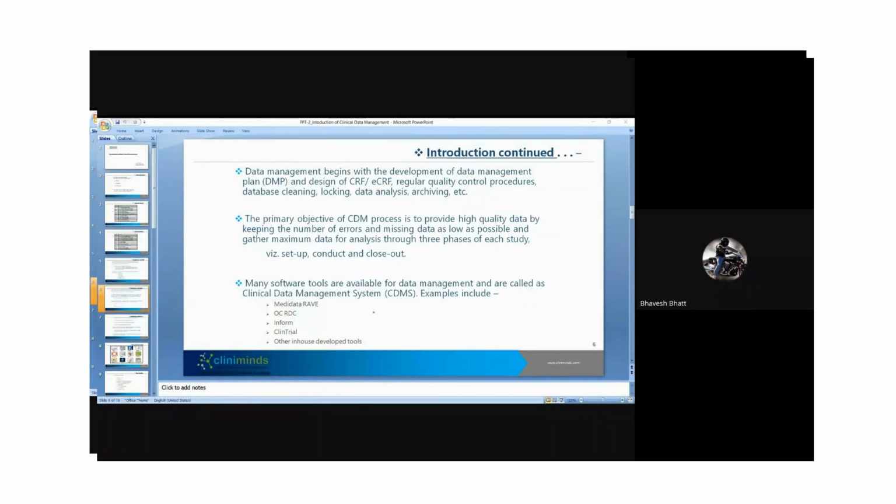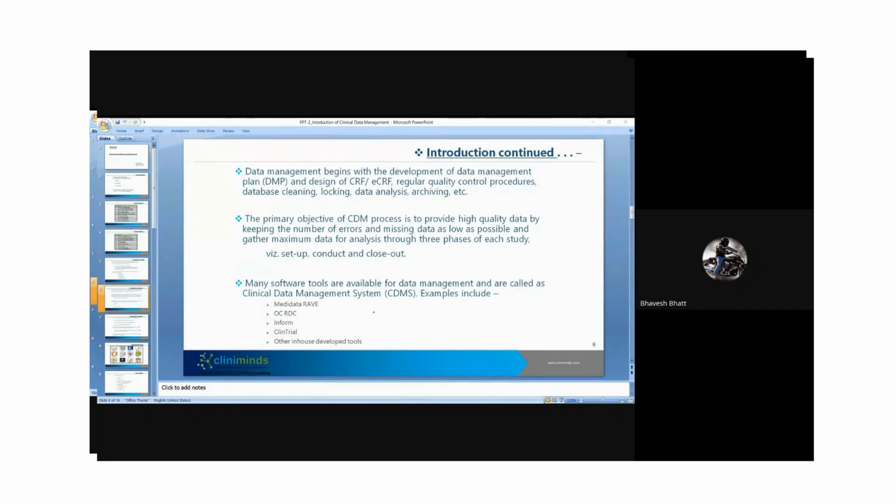Now, for doing this or for capturing data for analysis, we are going to need software tools. These software tools are also called EDC tools, right? We learned electronic data capture system, right?